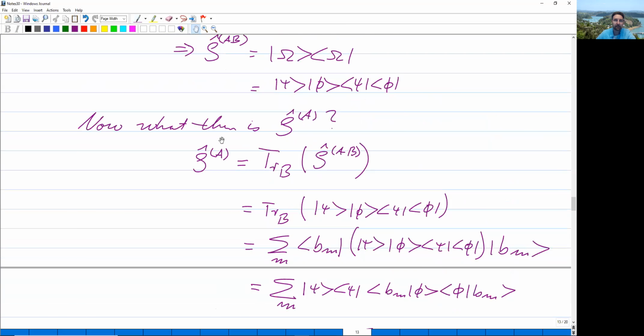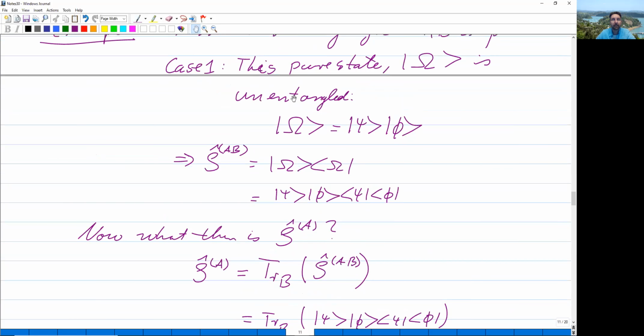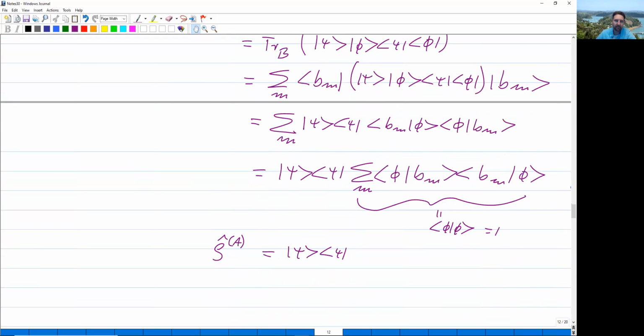We have that if the total system's state is a tensor product of a state of system A and a state of system B, then if we calculate what is the state of system A, it is just the state psi, because this is the pure state density matrix.